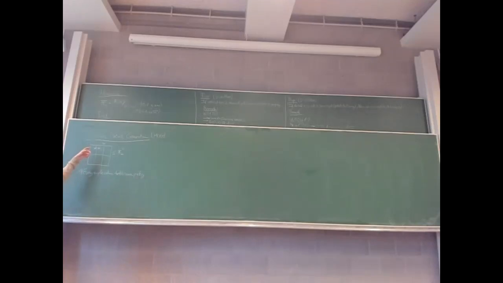So for example, if the first column has 1 star, then all of the other columns also have to have an odd amount of stars. So either 1 or 3. And exactly the same for even, of course.